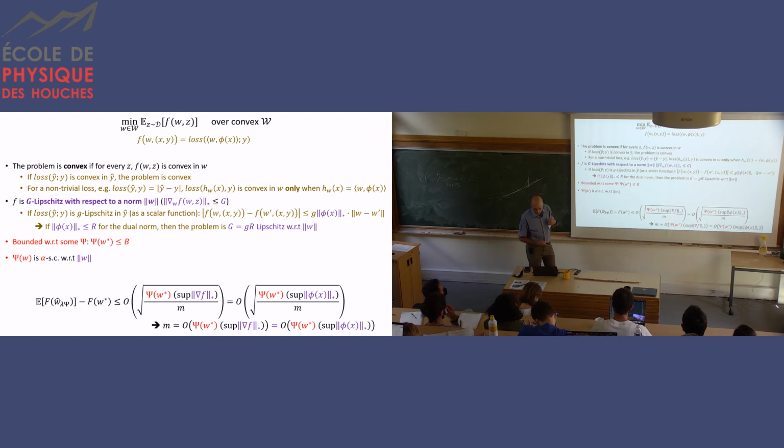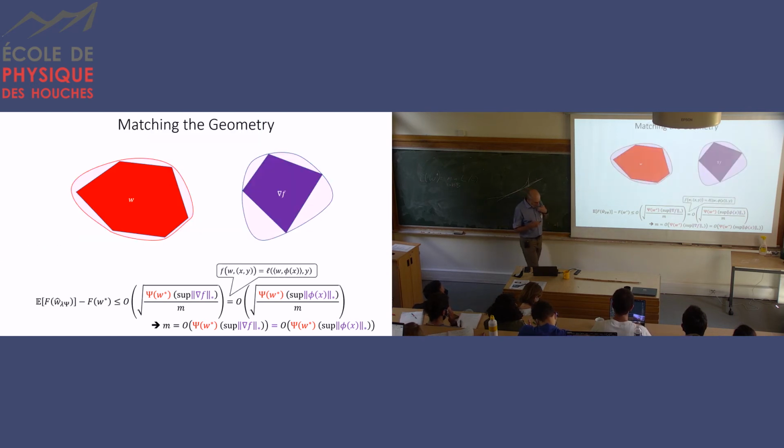Okay, and so the picture you should have is roughly like this. I have some assumption about my data, so my data lies maybe inside some space here. You can think of this as the gradients of the objective, which, as we said, for a supervised learning problem is the same as the data. And I have maybe some belief about what type of W's I want to compete with.